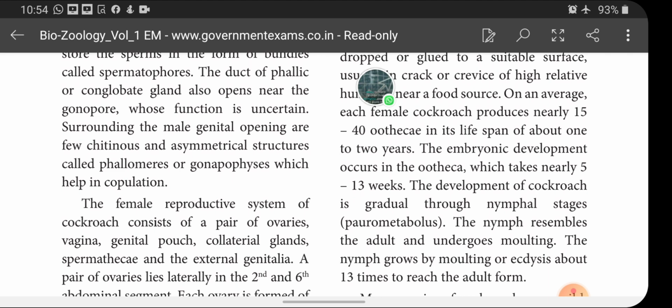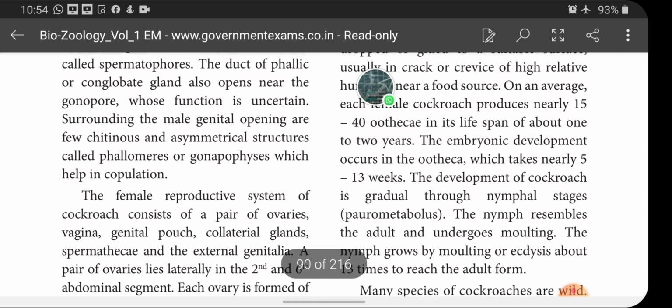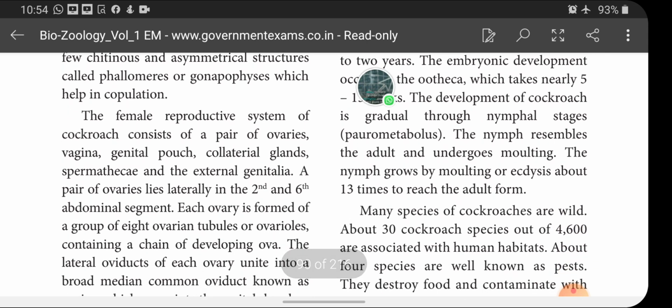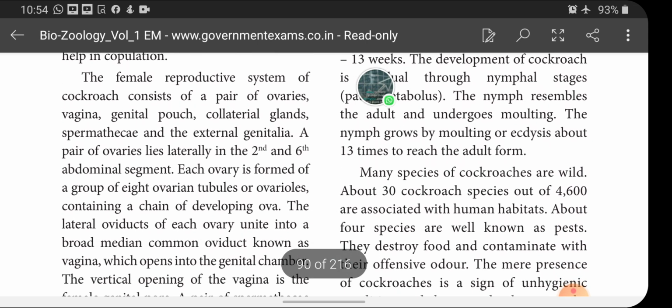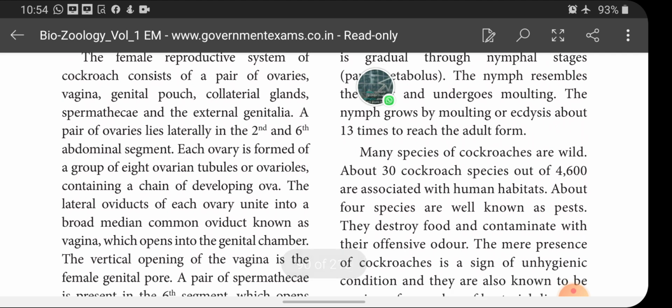The female reproductive system of cockroach consists of a pair of ovaries, vagina, genital pouch, collateral gland, and spermatheca, and the external genitalia. A pair of ovaries lies laterally in the second to sixth abdominal segments.